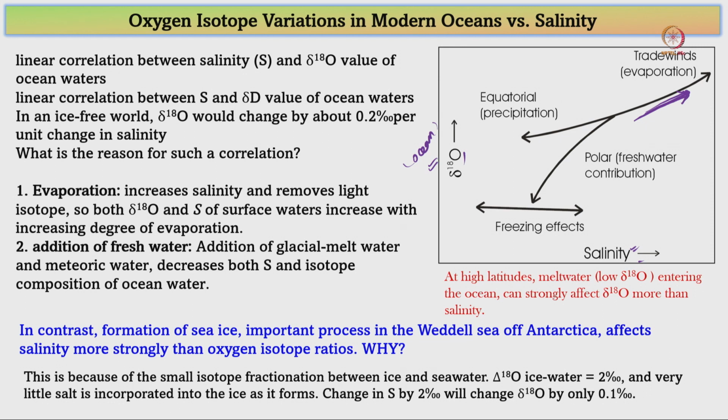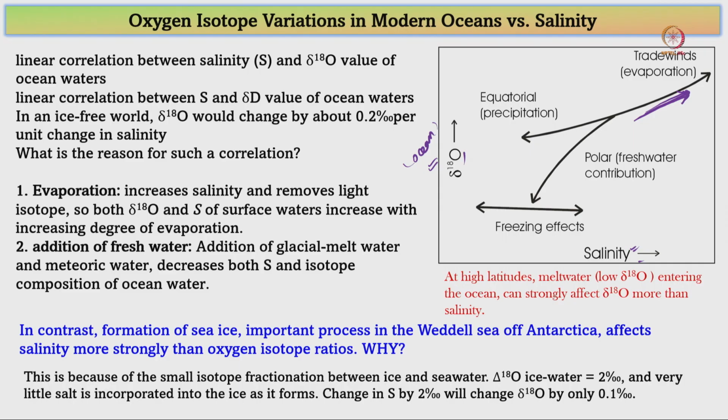But if there is addition of fresh water, just the opposite. There is a lot of addition of fresh water going on. What is happening? All the 16O that was trapped in the glacier ice mass is now getting released and coming back into the ocean. So, when this 16O gets into the ocean, the 16O ratio increases.